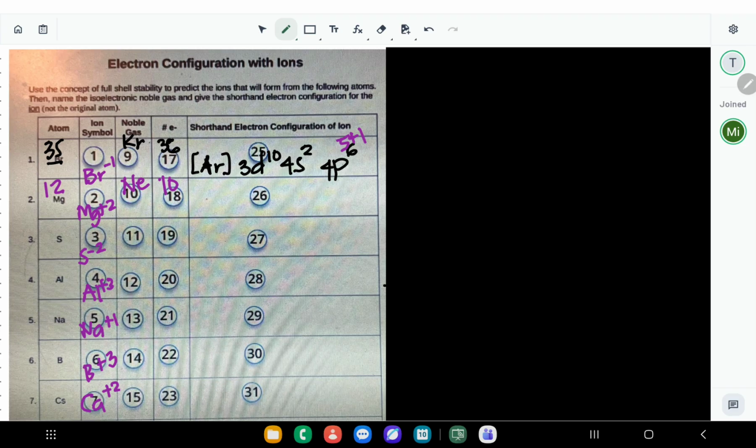And then we write the shorthand electron configuration of the magnesium ion. This is different because it has a positive charge.